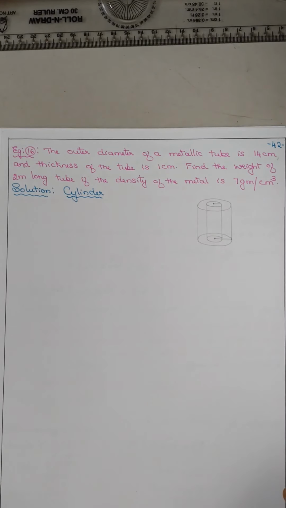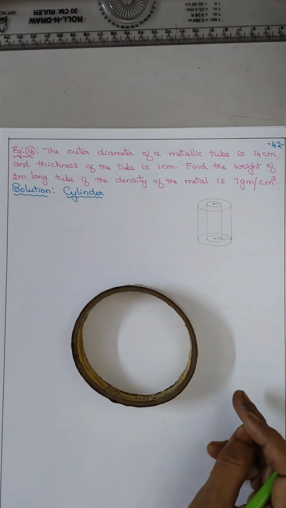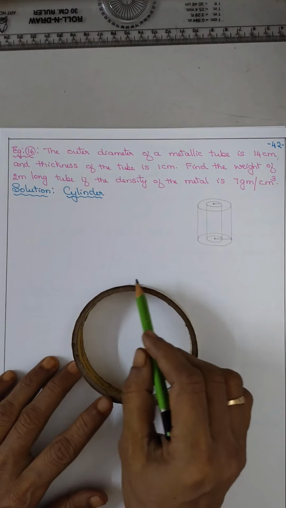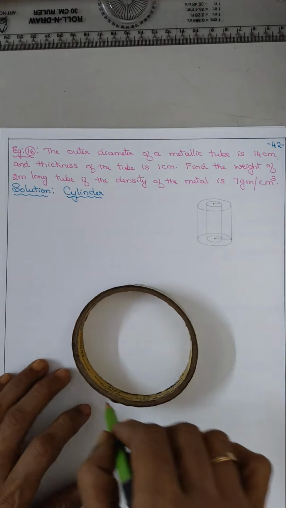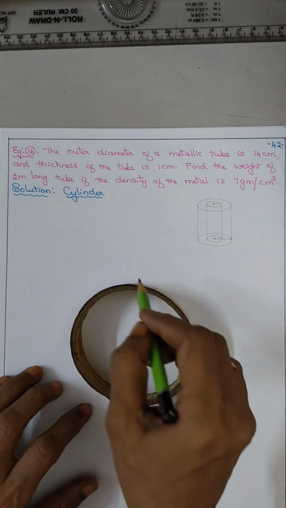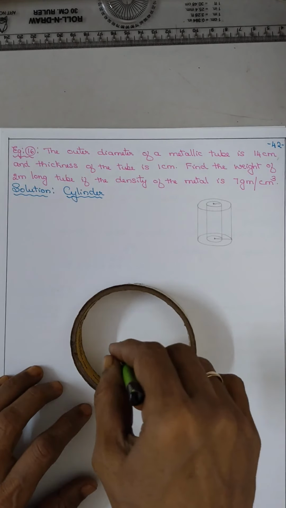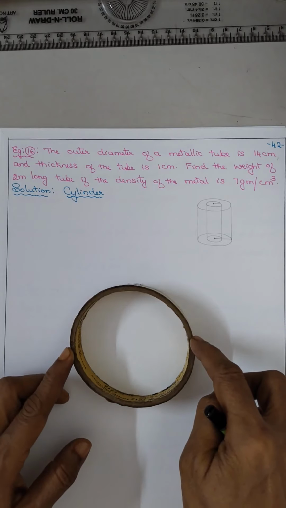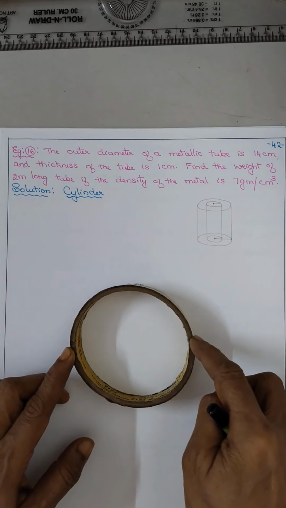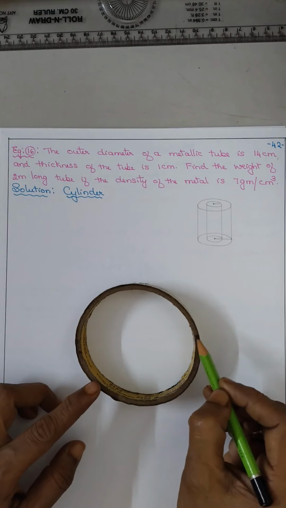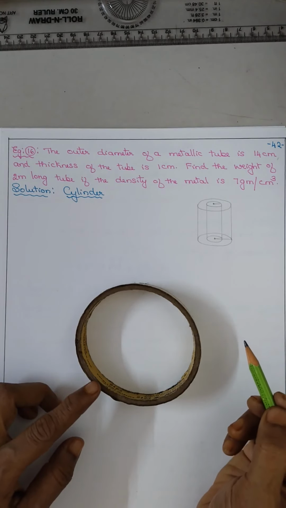So it is the outer diameter of the metallic tube. If you think this is a metallic tube, the outer diameter means this. Outer diameter is 14 centimeter. So this diameter means from here to here, outside. That is 14 centimeter. The thickness of the tube, this is the thickness, that is 1 centimeter.